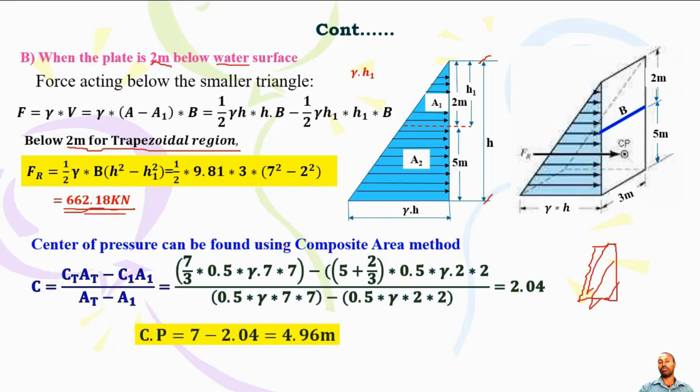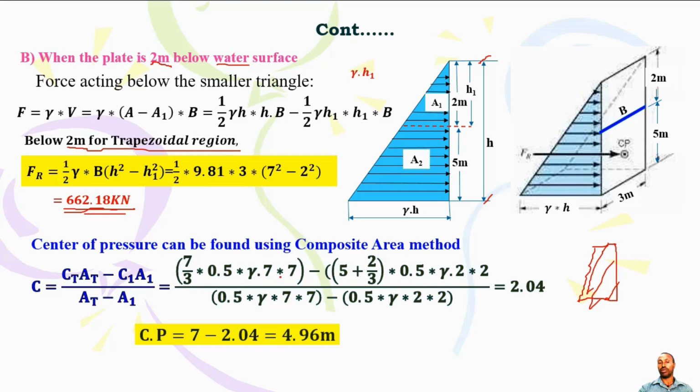The center of pressure can be found using the composite area method, which is very important. Total C_T times total area minus C1 A1, because we know this triangle. So this is a trapezoidal section, and we are going to calculate about this point. So C will be from 7, 7 over 3 for C_T total, H over 3 from the base, again times half of this one.